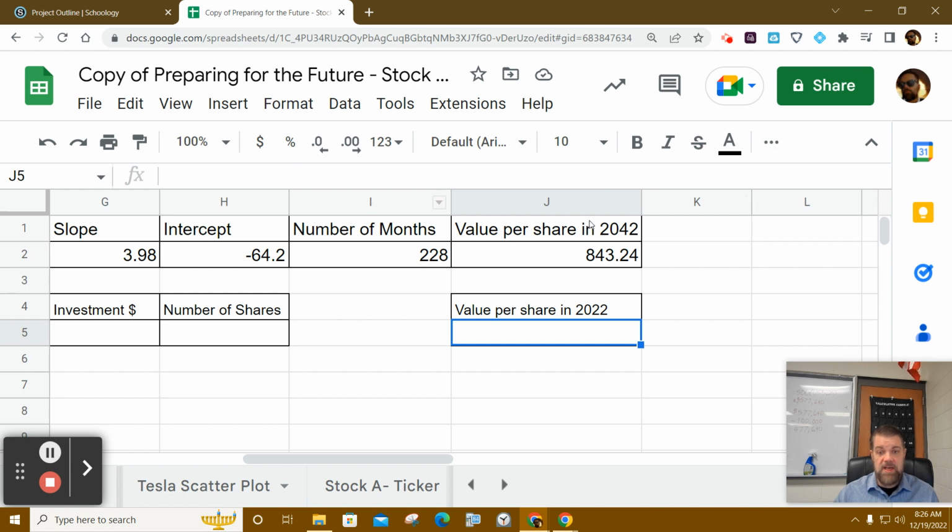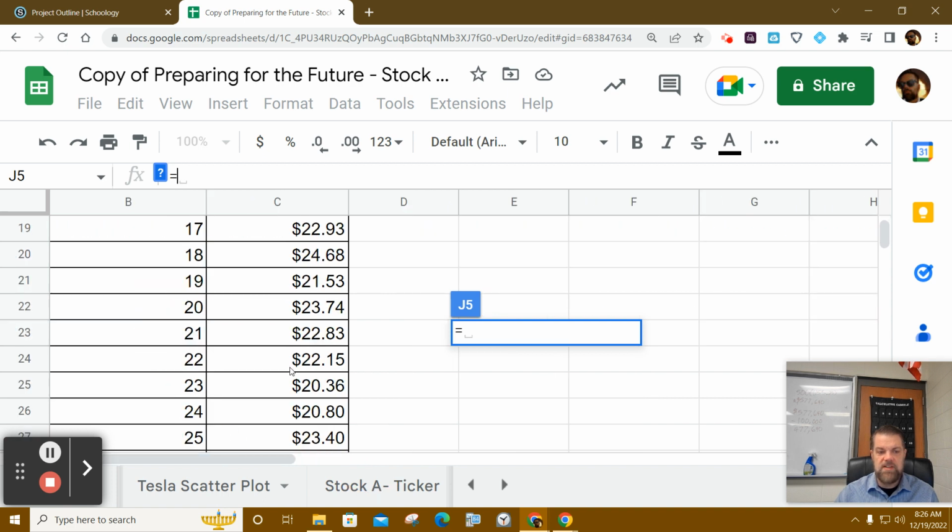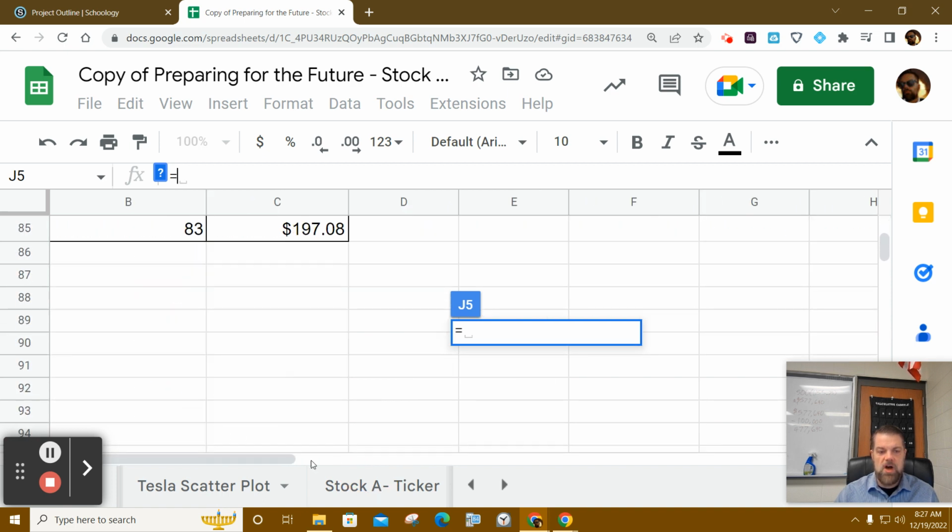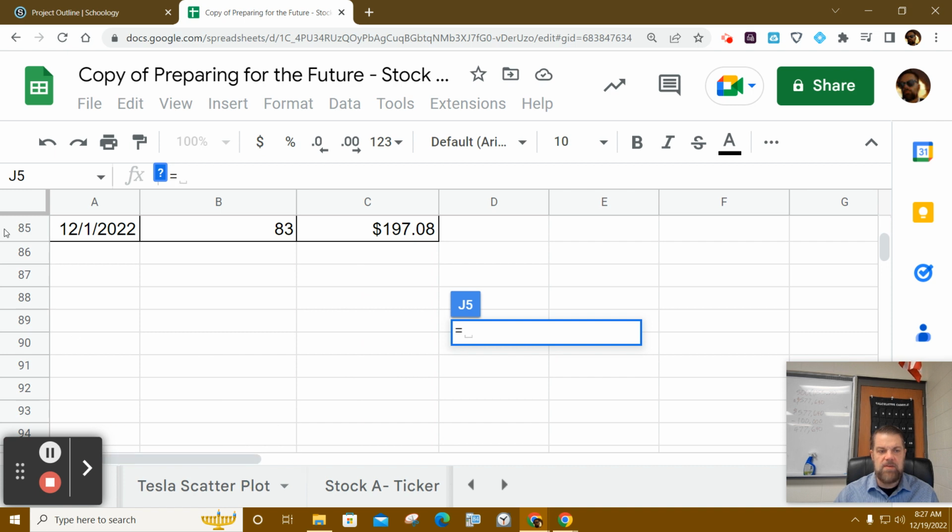I'm going to go up here, I double check column J, row 5, J5. I'm going to type equals, and I'm going to pull the value from the last price in 2022, all the way down at the bottom, 12/1 of 2022. If I click on this cell, what I'm telling the spreadsheet is whatever number is in this cell, put it in J5.